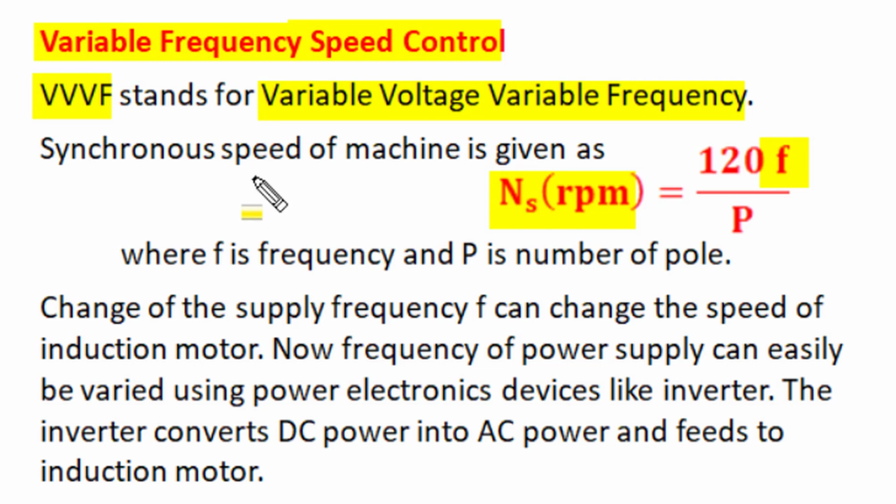Earlier, when power electronic devices were not available and supply frequency was very difficult to change, we could use only the stator voltage method of speed control, or we had to design the stator for special two different pole configurations, or otherwise we had to use a slip ring type of induction motor.